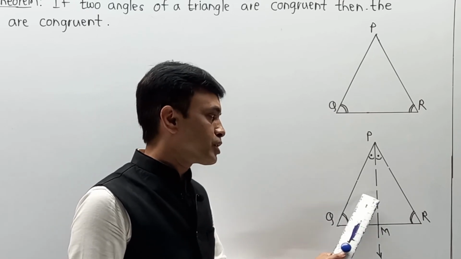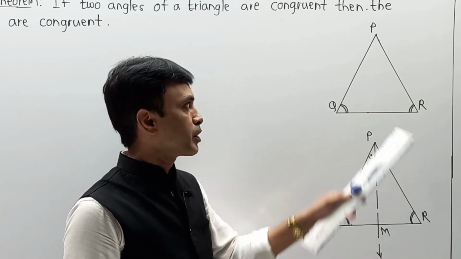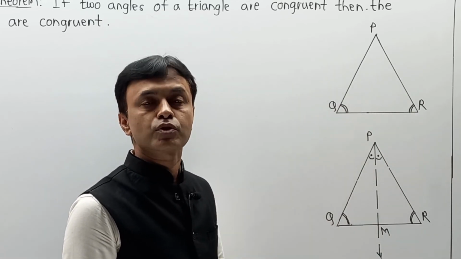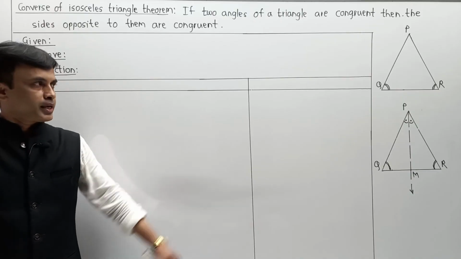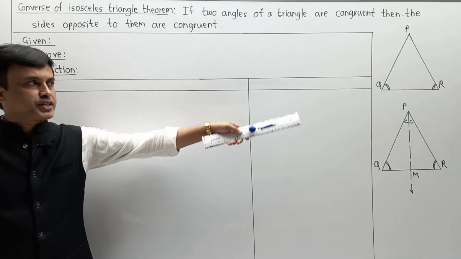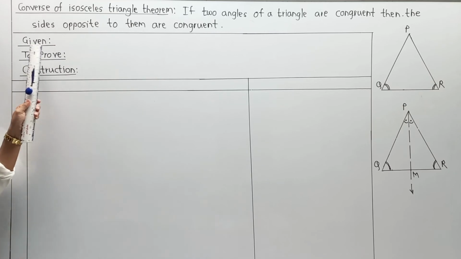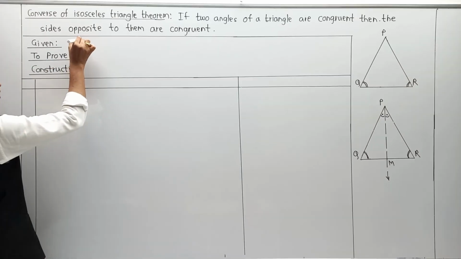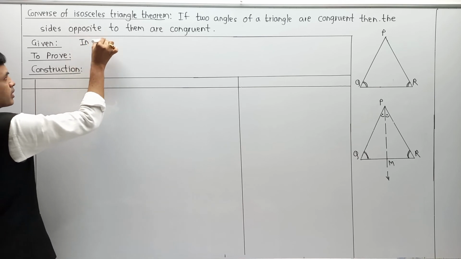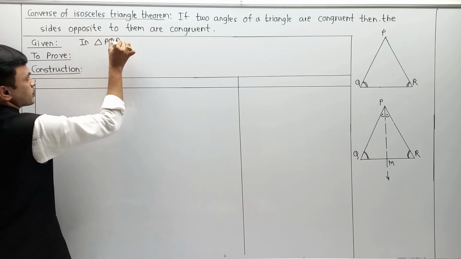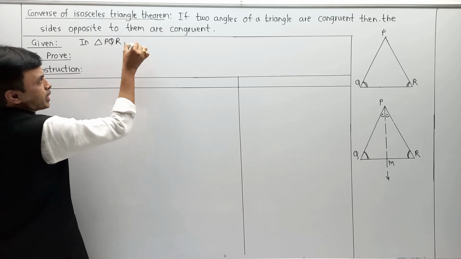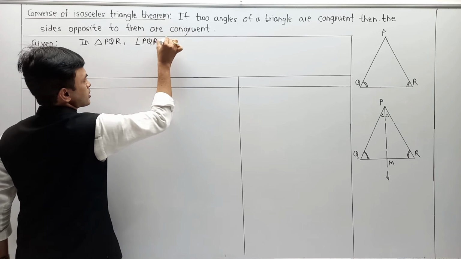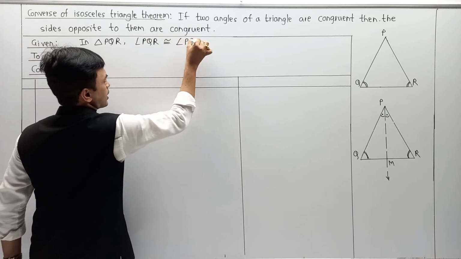Now we have to show that these two triangles are congruent. But first of all, we are going to write given, to prove, and construction. So pay attention. As per the structure described over here, we are going to write given, to prove, and construction. So given, in triangle PQR, angle Q equal to angle R, or you can say angle PQR is congruent to angle PRQ.